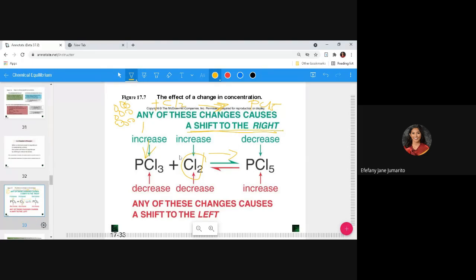Now, what will happen if we maintain the concentration of PCl3 and add more Cl2? What will happen if you increase the concentration of Cl2?